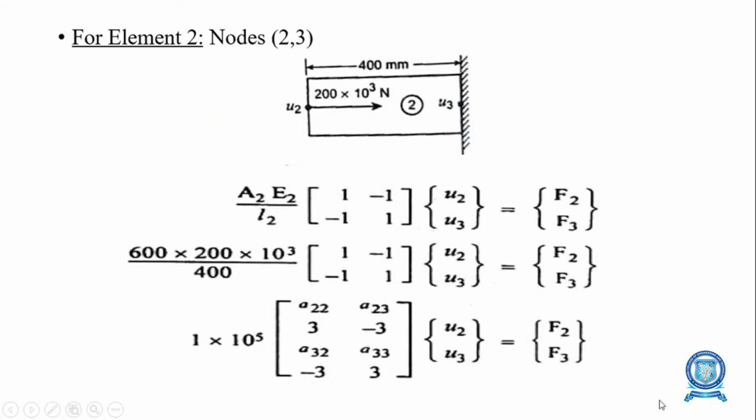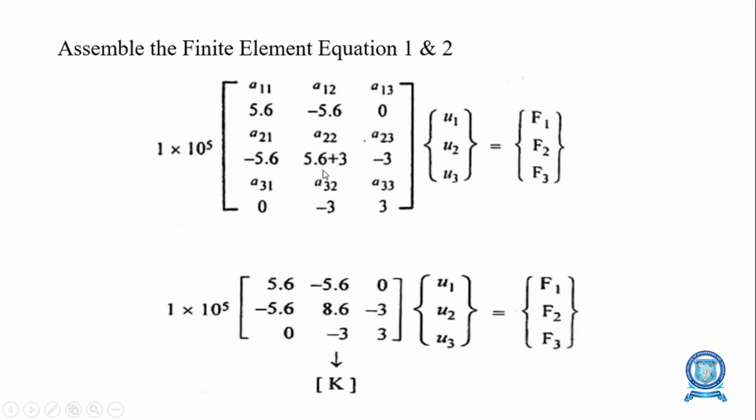But the A22 value is repeating, so with this 5.6, we add the 3 for A22. There are two A22 values, one is 5.6 and the other 3. So 5.6 plus 3, minus 3, minus 3, 3. Here A13 and A31 are not in the above two equations, so we give 0.